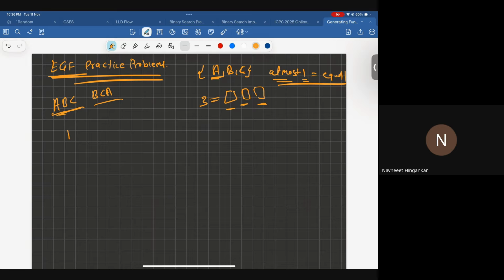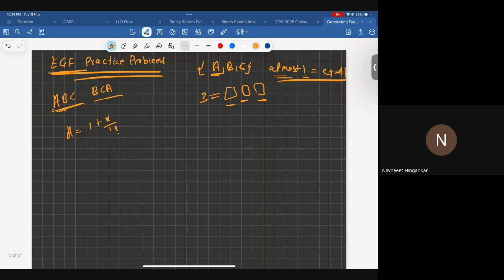Now A can be written simply as 1 plus x upon 1 factorial, right? Similarly, B can be written the same way. And you do this 3 times, so 1 plus x, raised to the power cube, and all you need is the total of 3.